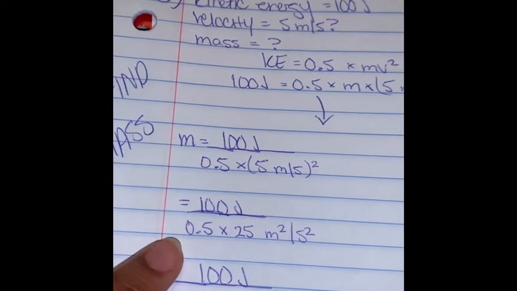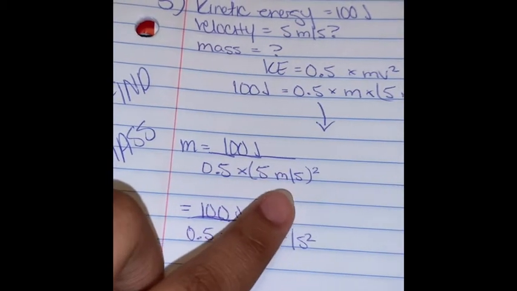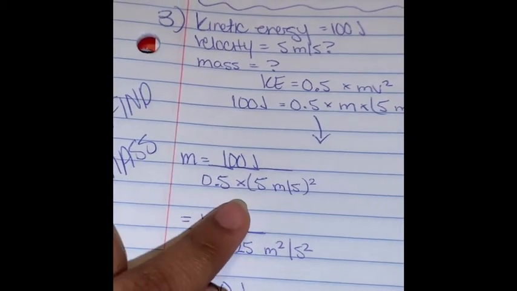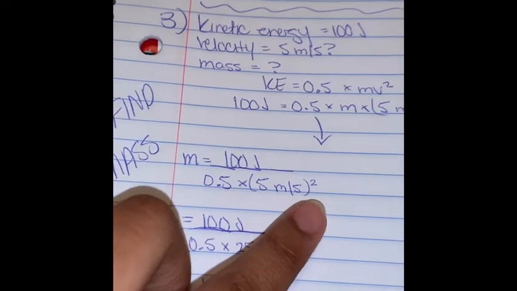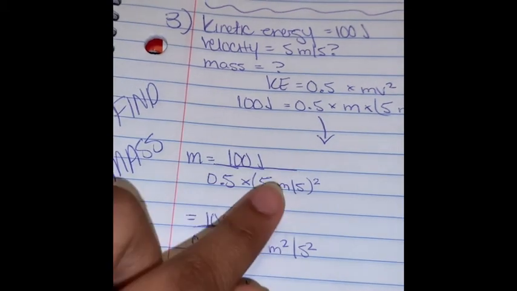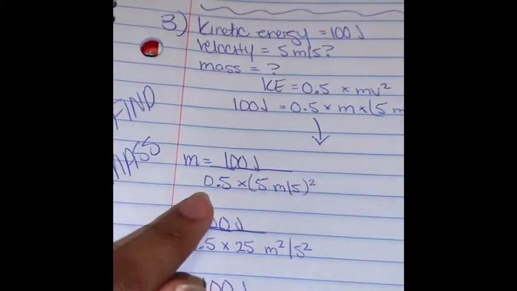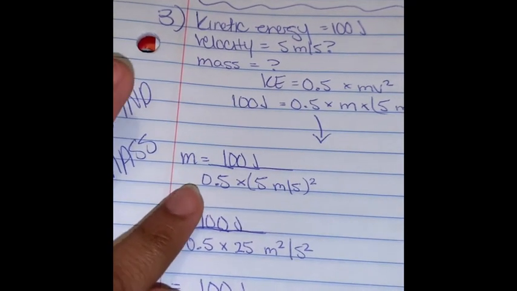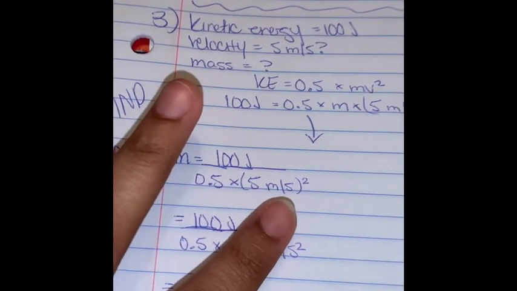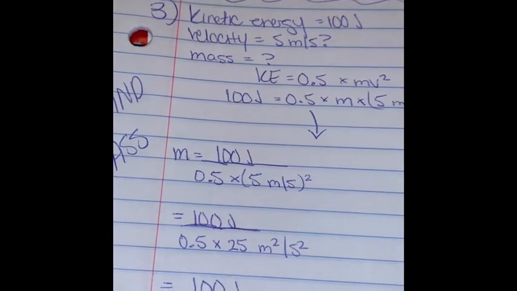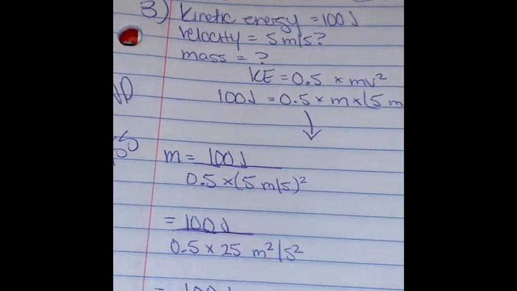Then you want to multiply this by itself first, so you would write 0.5 times 25, because you have to square the velocity before you can multiply that by the half within the kinetic energy equation. So 5 meters per second squared would be 25, because 5 times 5 is 25.